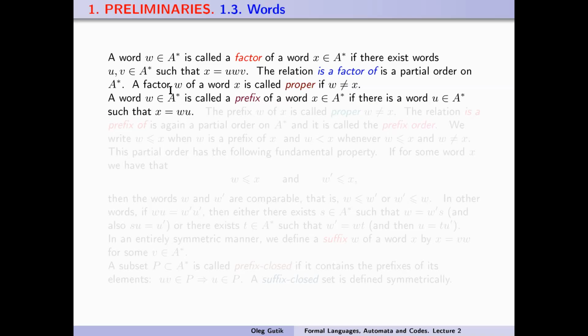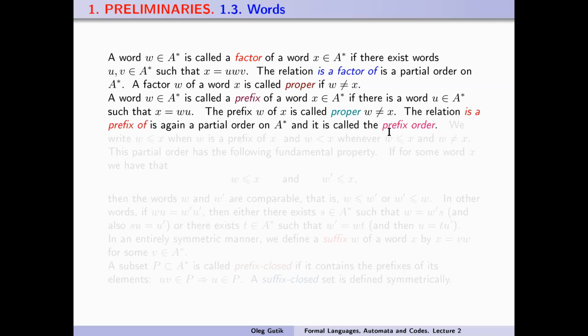A word W from the free monoid is called a prefix of a word x from this free monoid if there exists a word u from the free monoid such that x is equal Wu. Also the prefix W of the word x is called proper if W does not equal x.